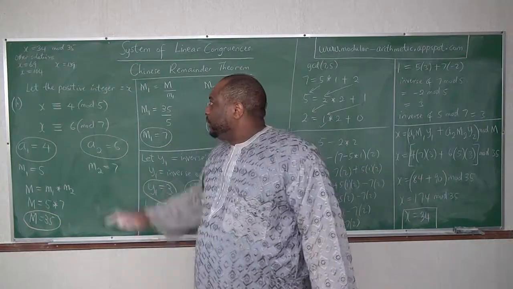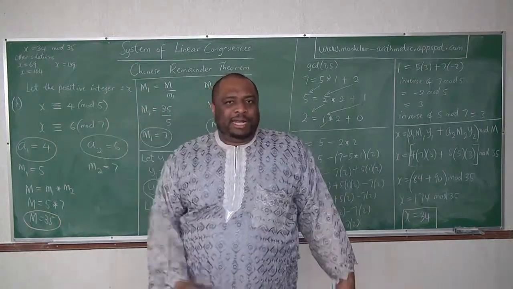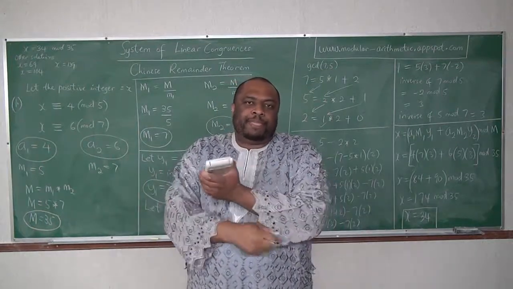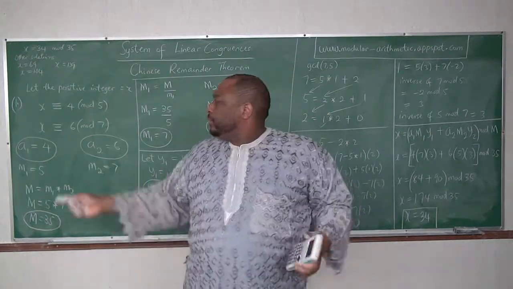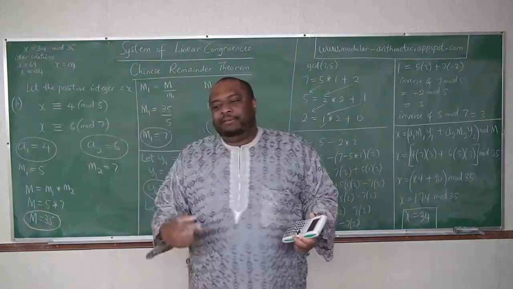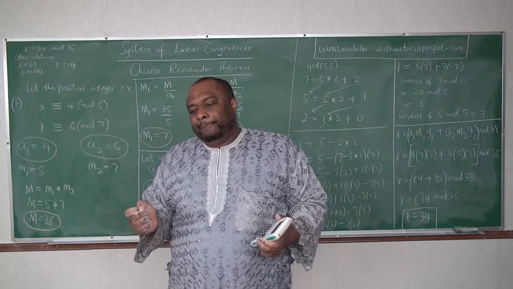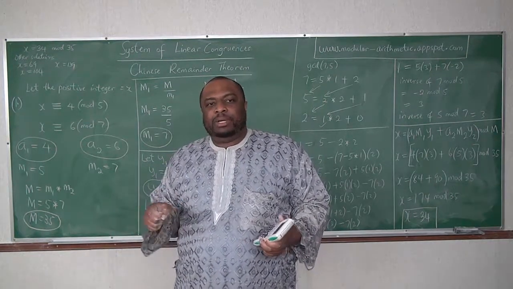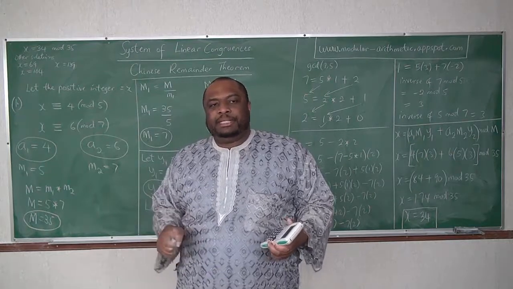Okay. 104. 104 divided by 5 is 20, remainder 4. Okay. So 104 works for the first one. Then 104 divided by 7. 7 times 13 is 91. 7 times 14 is 98.